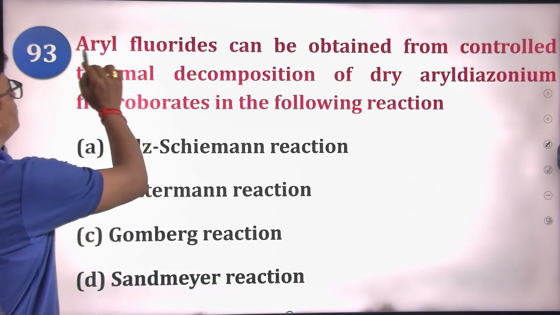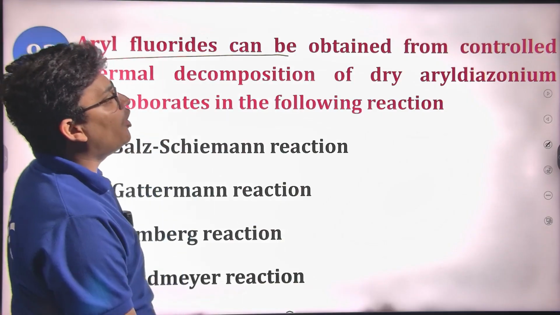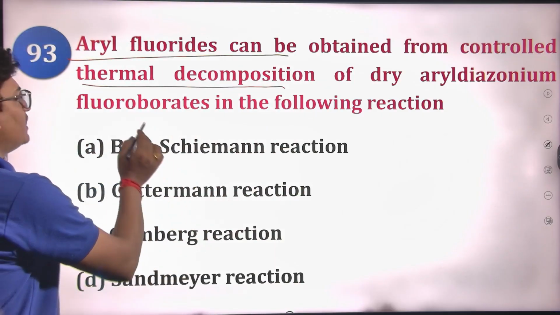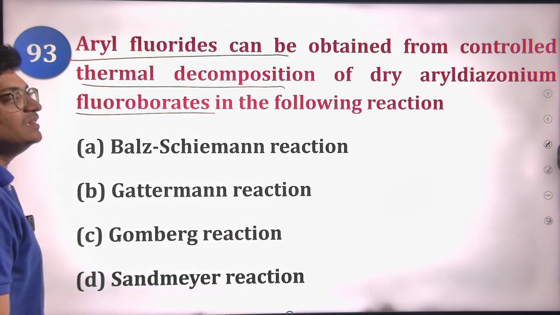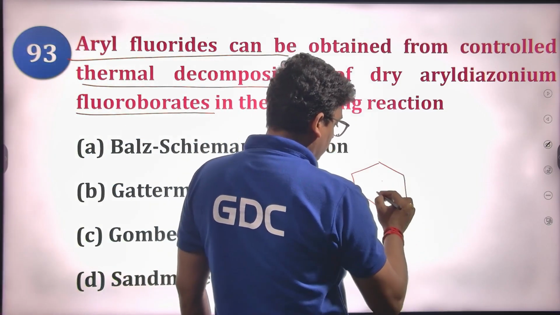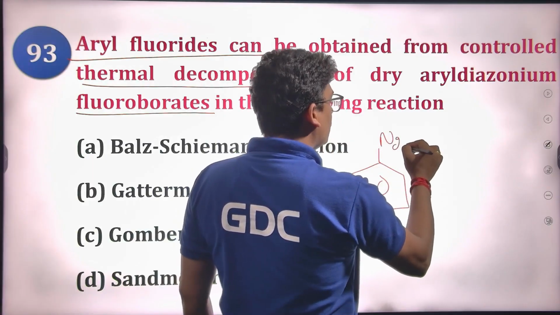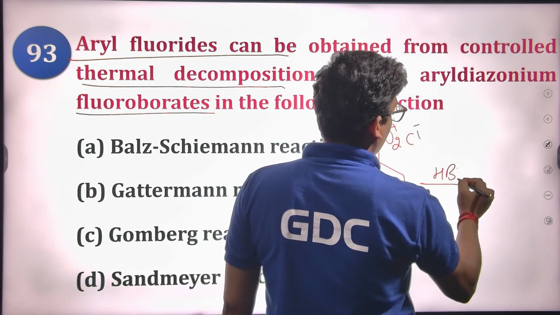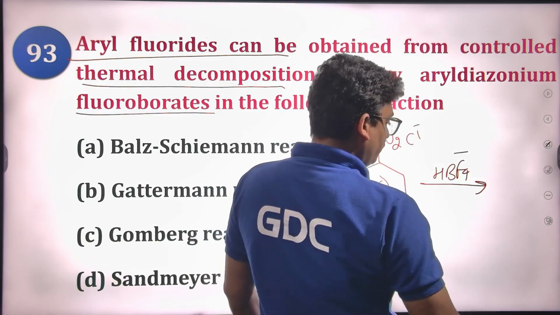Question number 93. Aryl fluorides can be obtained from a controlled thermal decomposition of dry aryl diazonium fluoroborates in the following reaction. We are having a diazonium salt, N2 plus Cl minus. When this is reacted with HBF4, what are we going to get?